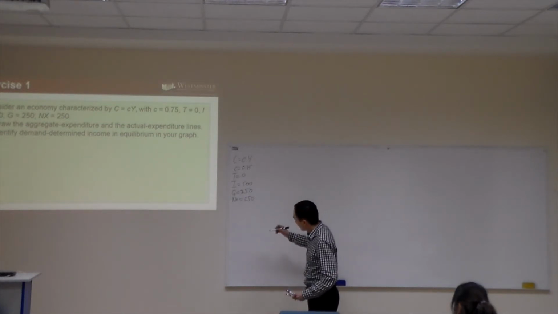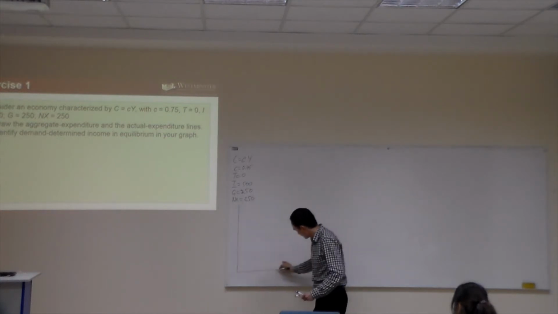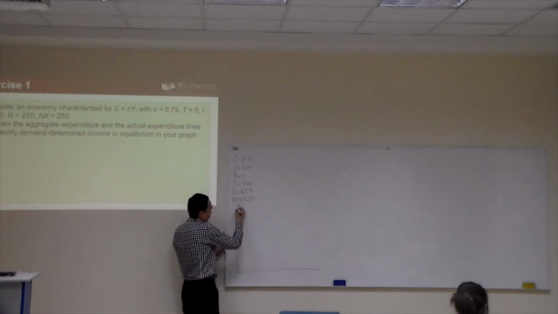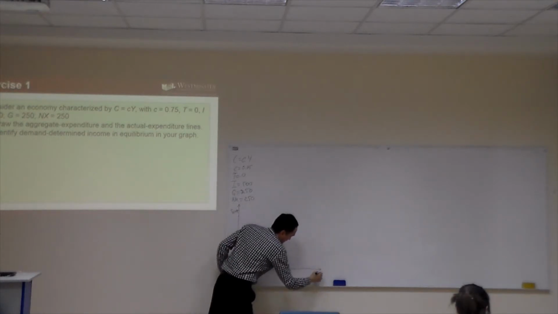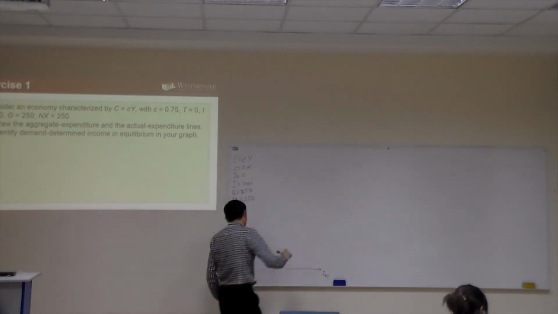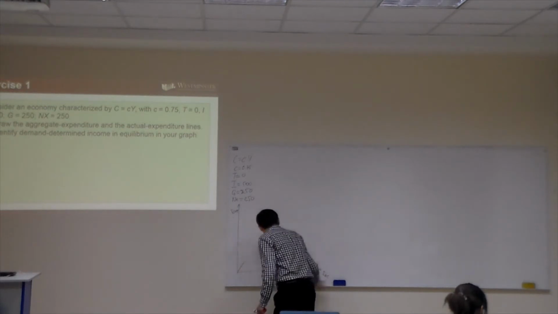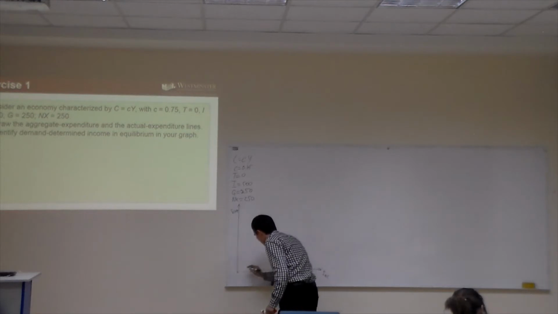So if you draw this, the vertical line represents expenditure, right? And the horizontal line represents income. We know that there is a 45-degree line, yes?